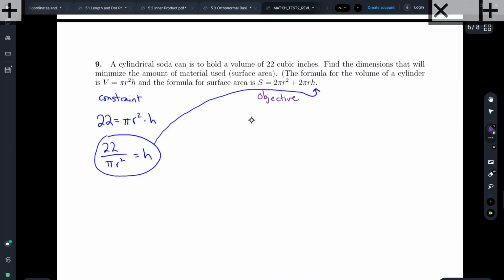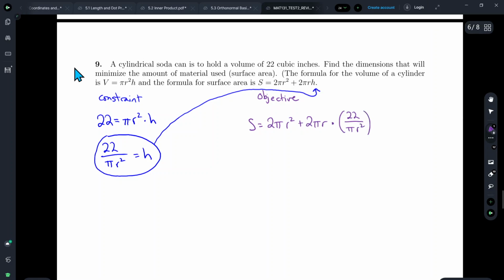Right, so now S is equal to 2 pi r squared plus 2 pi r times h, which is this quantity here, 22 over pi r squared. And by doing this substitution using the constraint equation, we've now reduced the objective function to only have a single variable instead of two different variables. And then now we can do calculus.